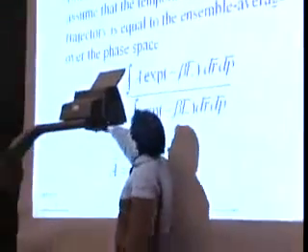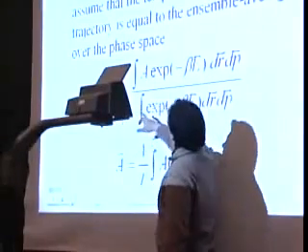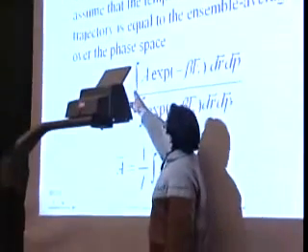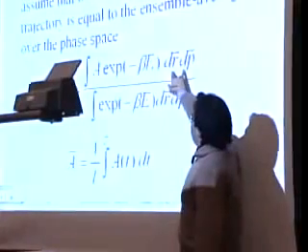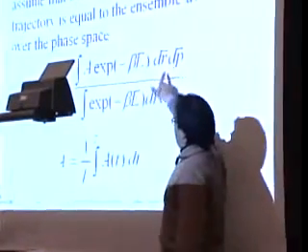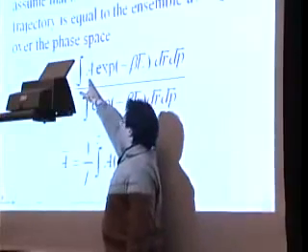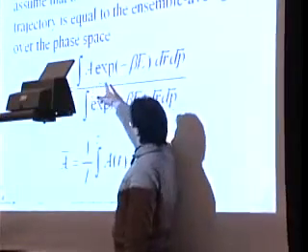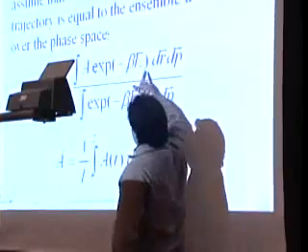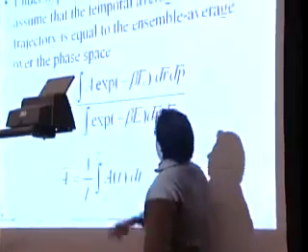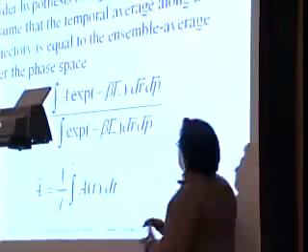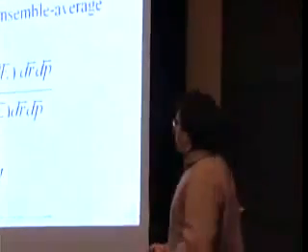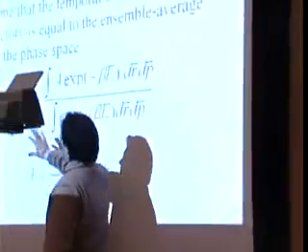To calculate an average quantity at a finite temperature, we need to sum over all possible configurations in space and momentum. For each possible R and P configuration, we'll have a certain value of the diameter of that bubble. We weigh that with the statistical weight of that configuration, and we normalize this expectation value, and this is what we obtain.